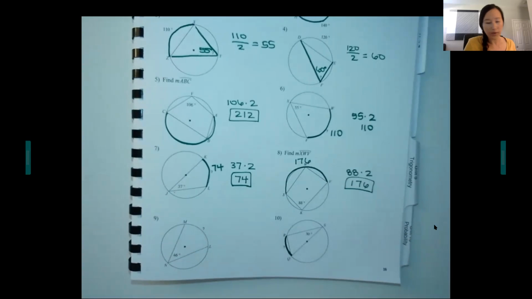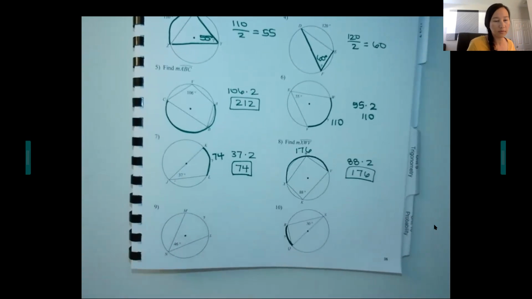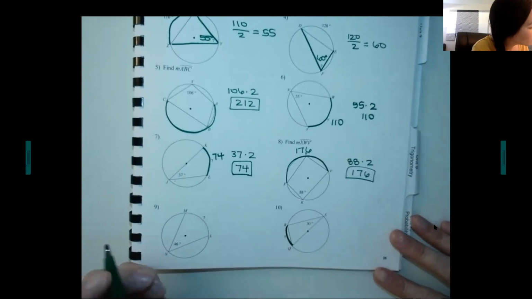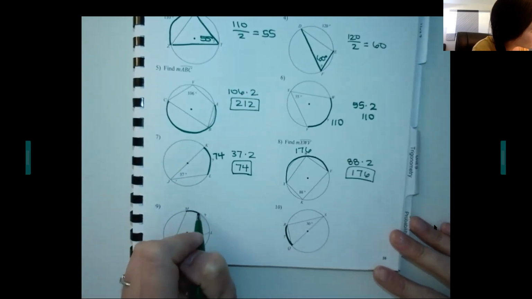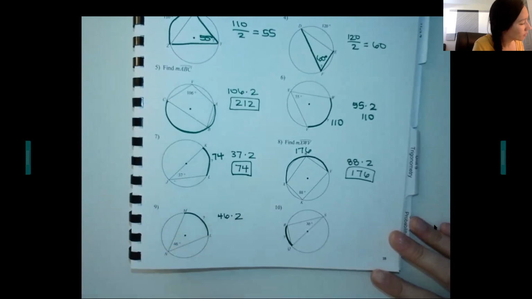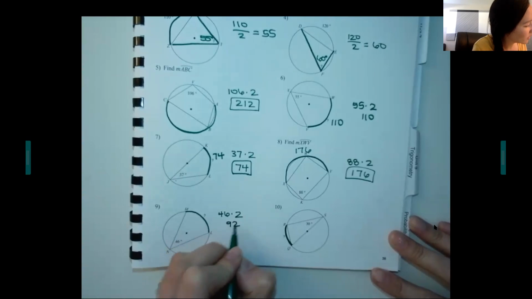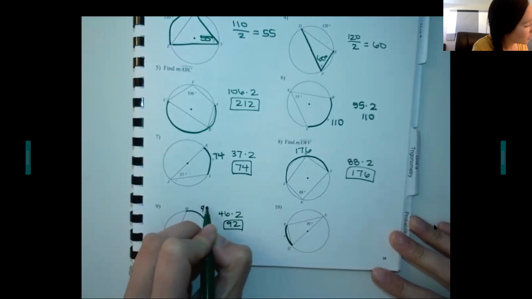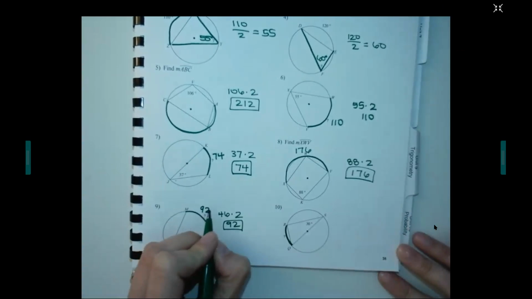And then Jose, what about number 9? For number 9, I did 46 times 2, and I got 92. Excellent. So this arc is 92 degrees. Very good.